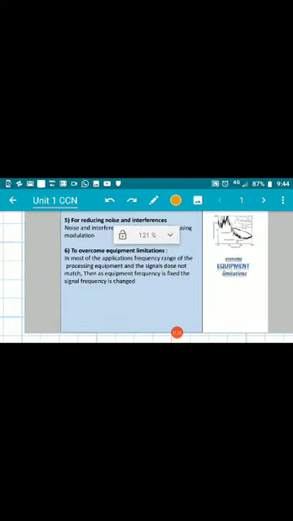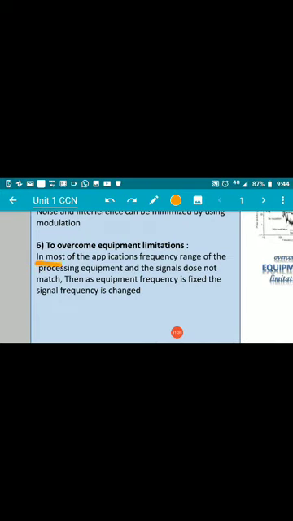What he says is, to overcome the equipment limitation, we make use of modulation. In most of the applications, the frequency range of the processing equipment and the signals does not match.